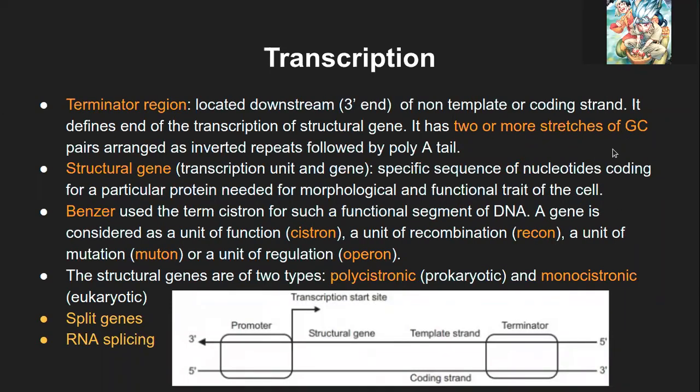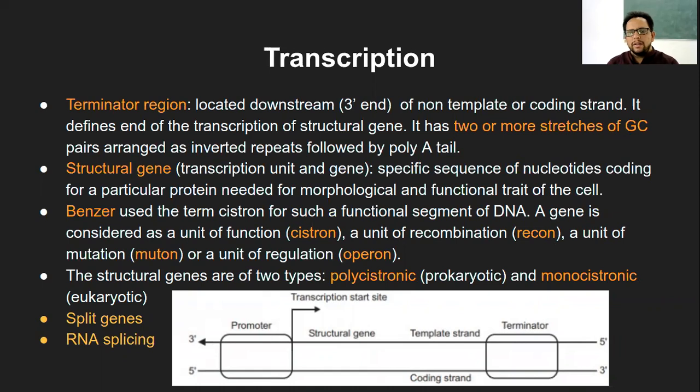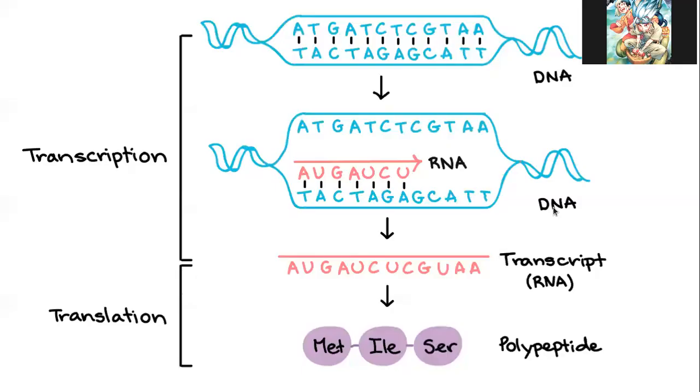Okay, so in the terminator region, the 2 strands are connected. Not necessarily. In the diagram, it showed that. Correct, but they are trying to show that transcription is happening only of this strand.